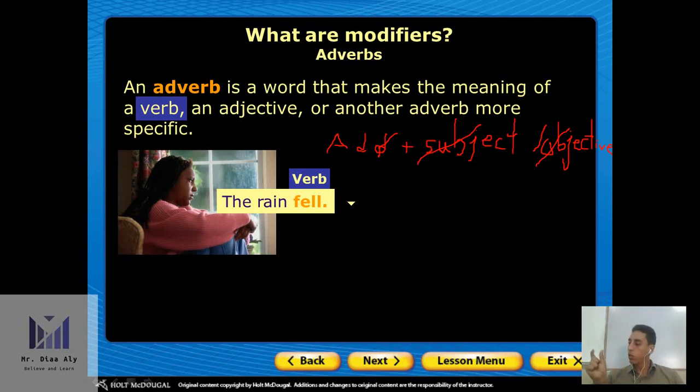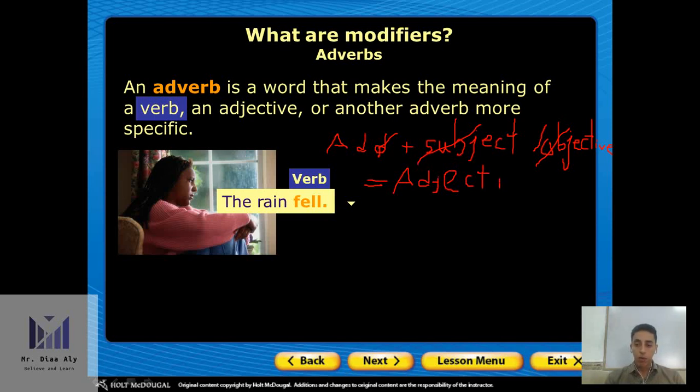So boy is the subject, and smart is modifying the boy, so that's why it's called adjective.